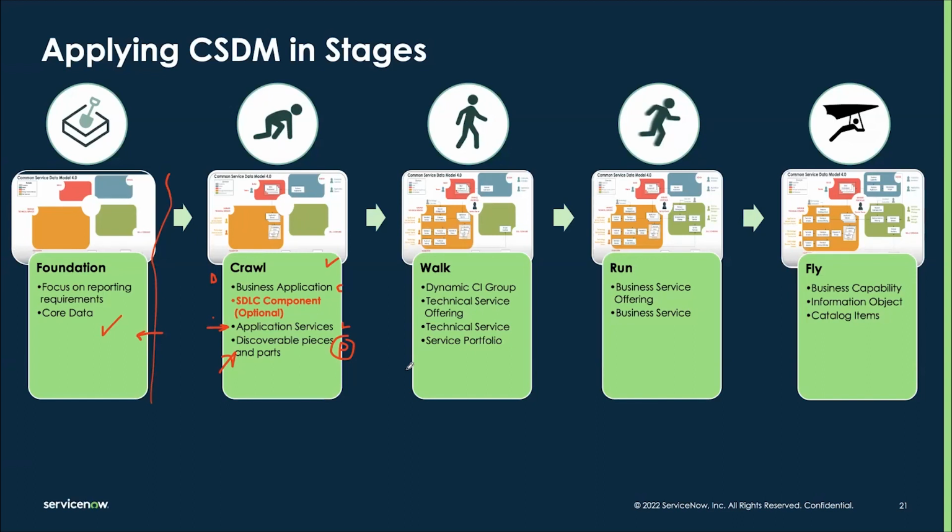Yeah, exactly. And what we're seeing a lot of is folks working on the walk and crawl, to a degree. Again, it depends on what the customer is using and where they already have data.